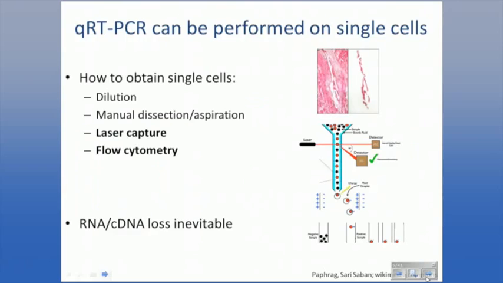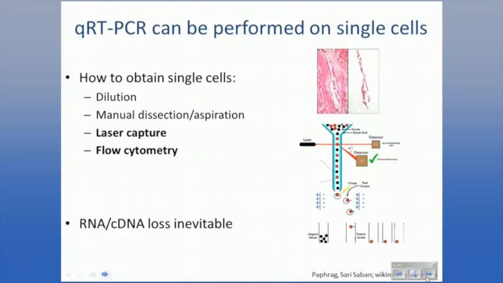But how can we look at single cells? First, of course, you have to have a way to get single cells, and these are the major approaches that are used for that. Obviously, if you have cells isolated so they're not stuck to each other, you can just dilute them out until you have only one cell or less in each tube. You can also go in with a needle or some other kind of apparatus and manually pick up the individual cells, in particular if they're especially well separated.